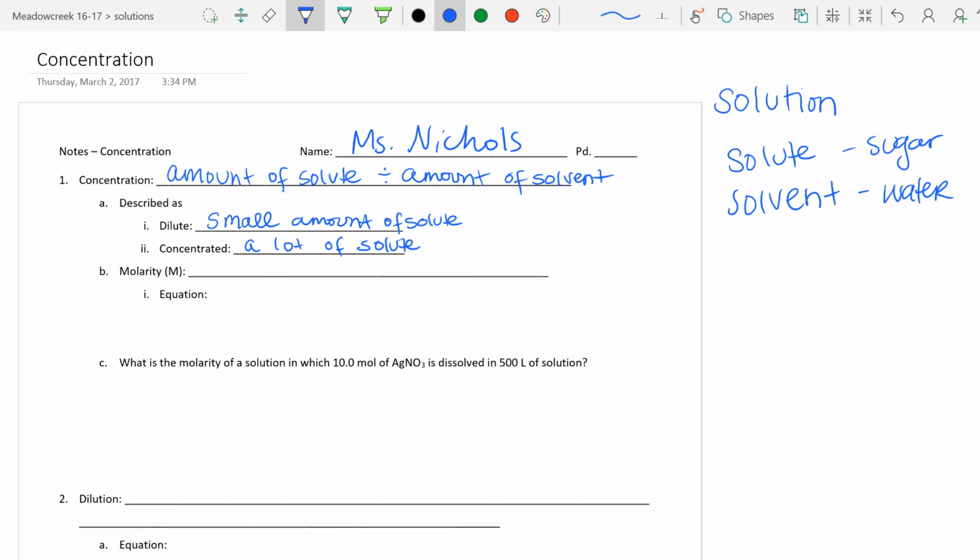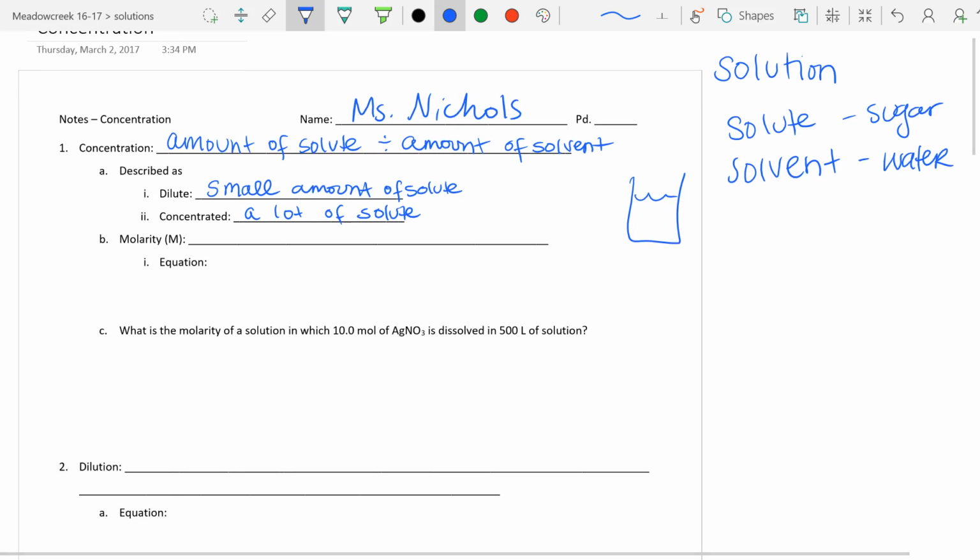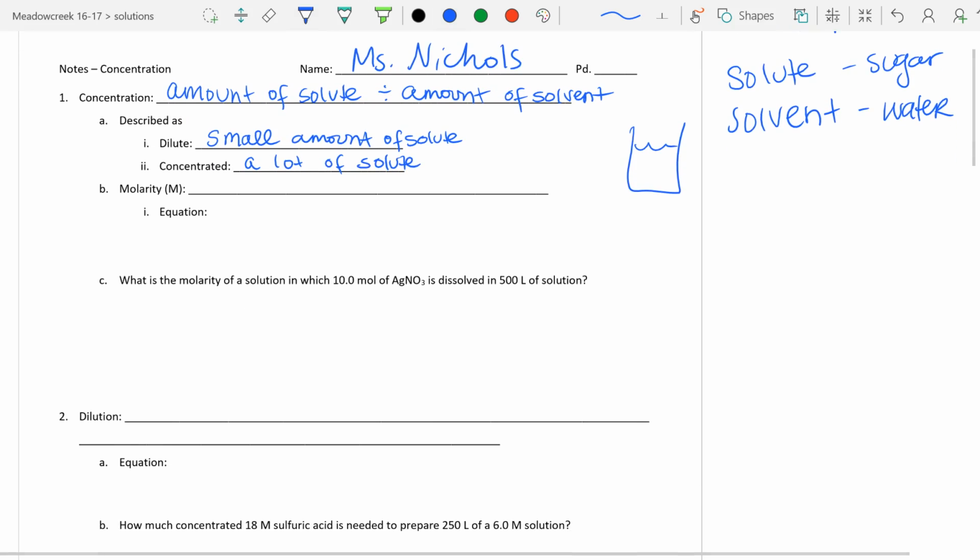Now, we all know we've been to a restaurant and ordered sweet tea, and some people's version of sweet is not the same as Miss Nichols. Miss Nichols likes hers as thick as syrup, okay, real sugary. It'd be very, very concentrated. Whereas some people only like a little sprinkle of sugar, okay? So something that only has a small amount of sugar would be dilute. A lot of solute, in our example of sweet tea being sugar, it would be concentrated.